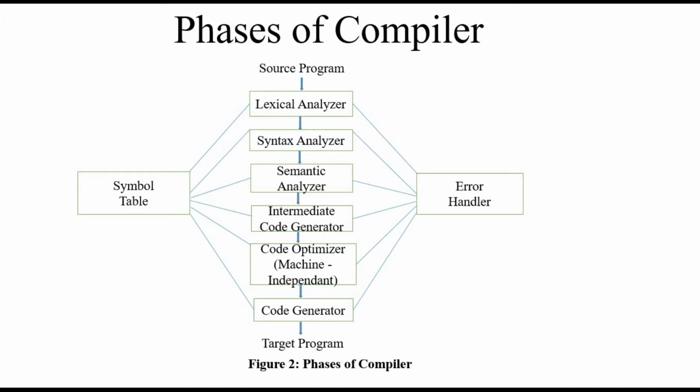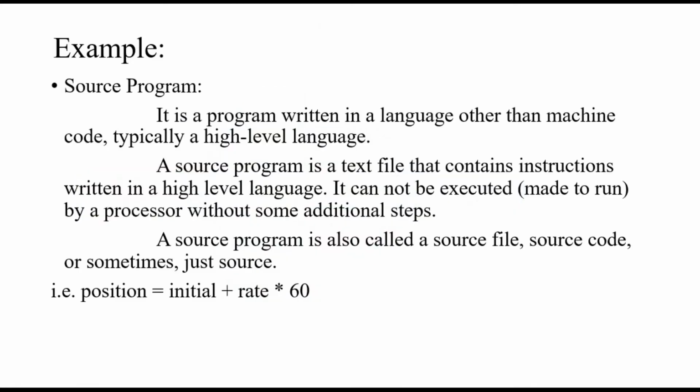The symbol table is a data structure which stores basic information such as lexemes, tokens, identifiers, variables, keywords, whatever information is in the symbol table.